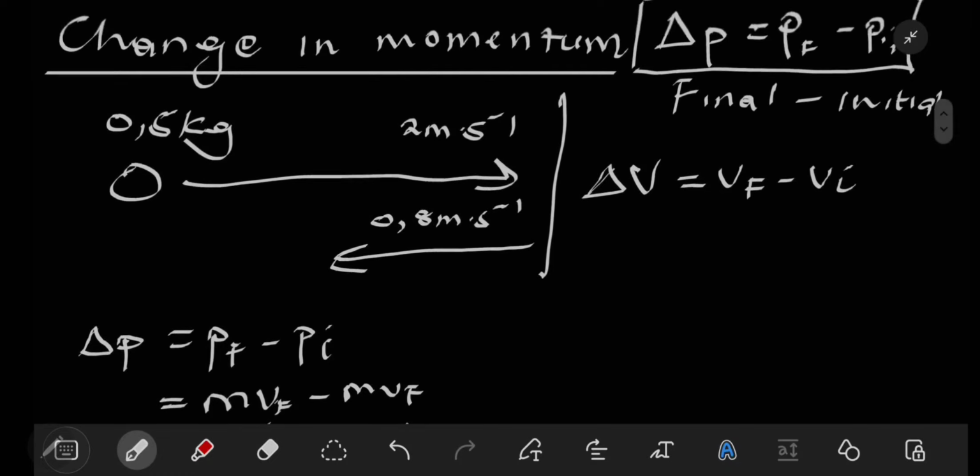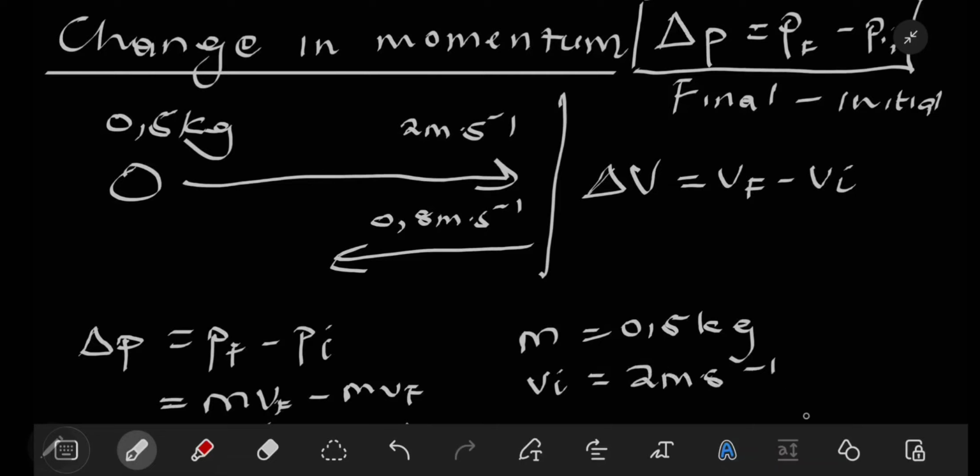If we were to calculate the change in momentum of this scenario, our mass in this case is 0.5 kg. Then we have our v initial, the velocity at which they kicked the ball, which was 2 meters per second.